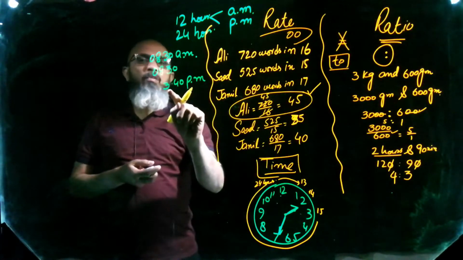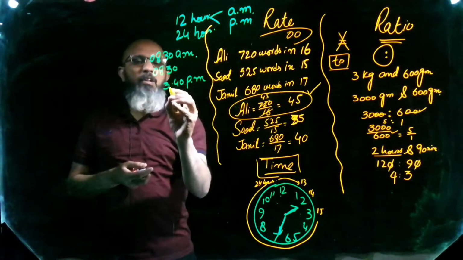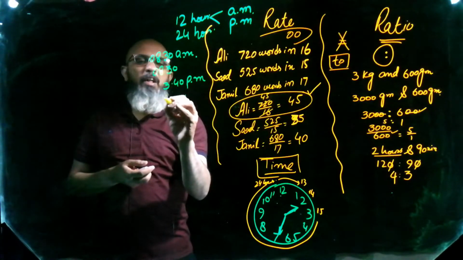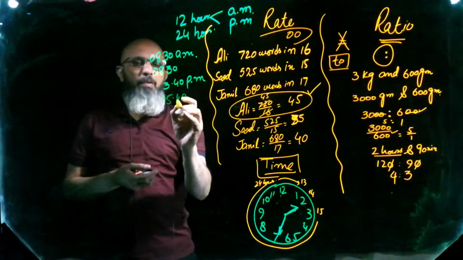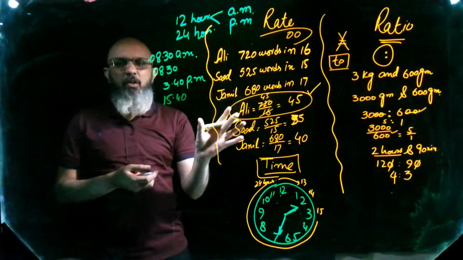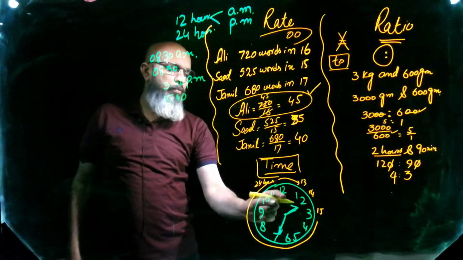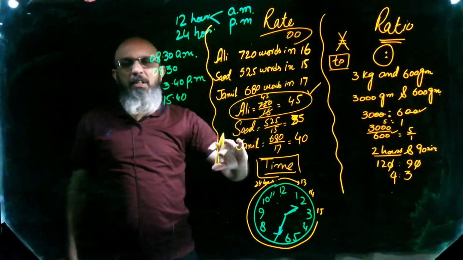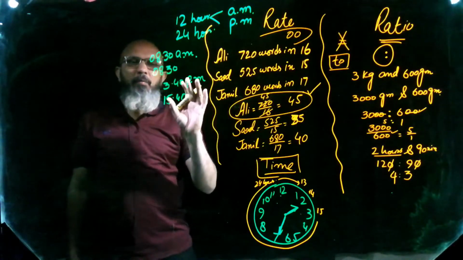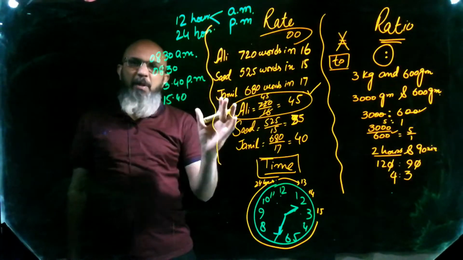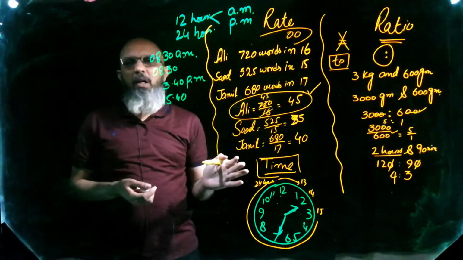So we will add 12 to this timing, and it becomes 15:40 in the 24-hour clock. 1 plus 12, 2 plus 12, 3 plus 12, 4 plus 12, 5 plus 12. When we convert PM timings, for 1 PM, 2 PM and so on, we add 12 to that timing, and we get the 24-hour time.